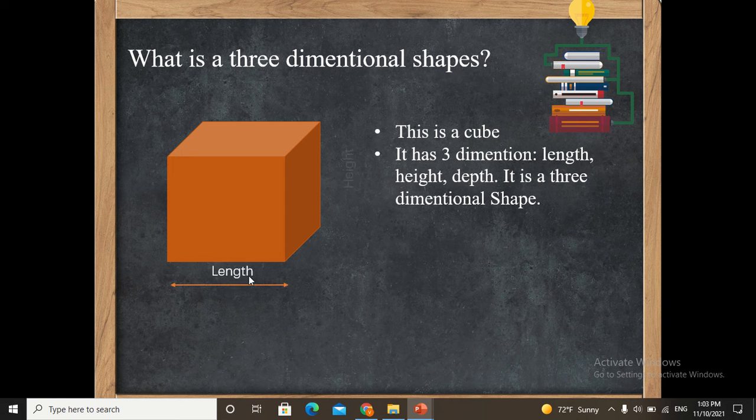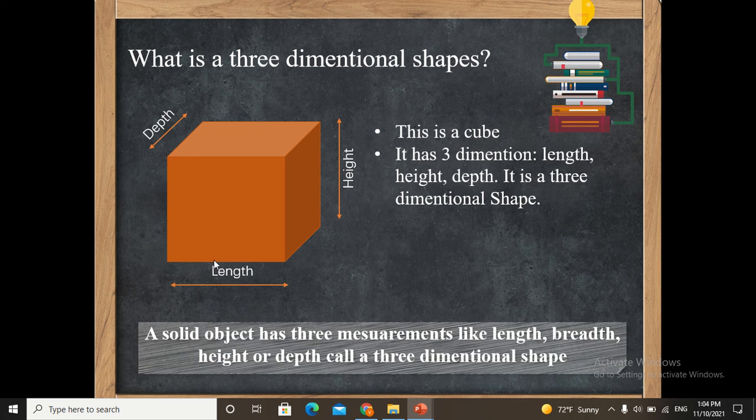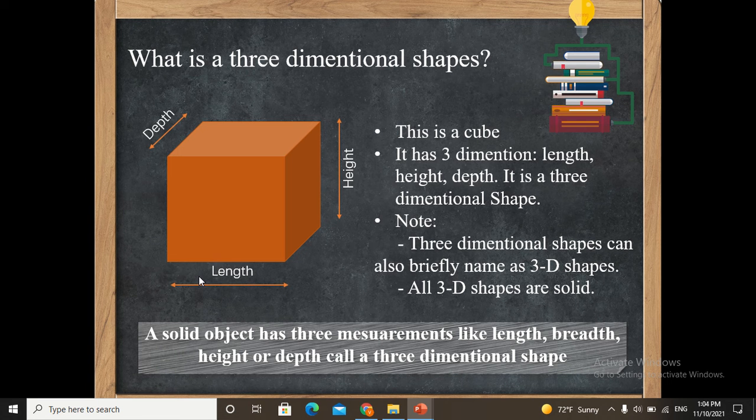A solid object that has 3 measurements, like length, breadth, and height or depth, is called a three-dimensional shape. Note 1: three-dimensional shapes can also be called 3D shapes. Note 2: all 3D shapes are solid.